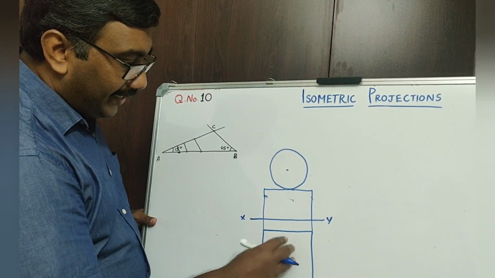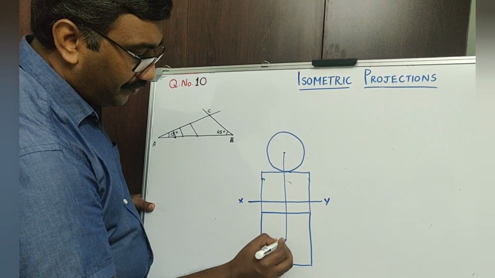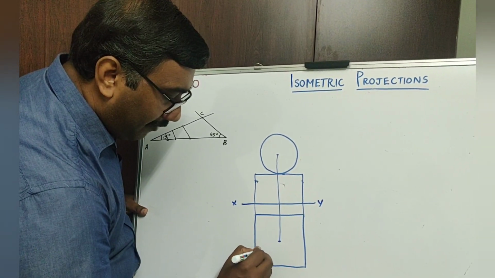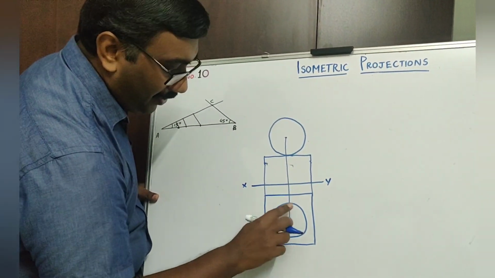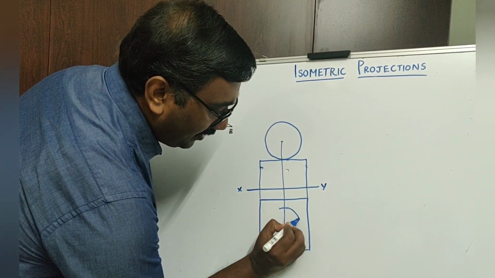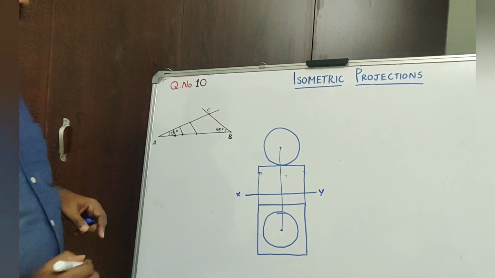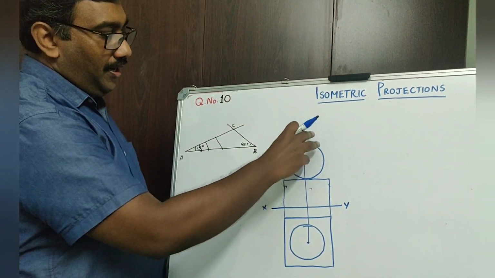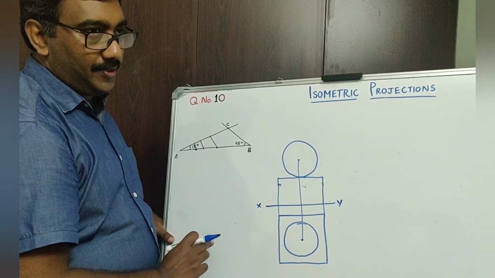A similar circle will be here in the top view also. So this may be the center. So you can have a 40 mm diameter circle inside this square. So the sphere is resting centrally on top of the square slab.